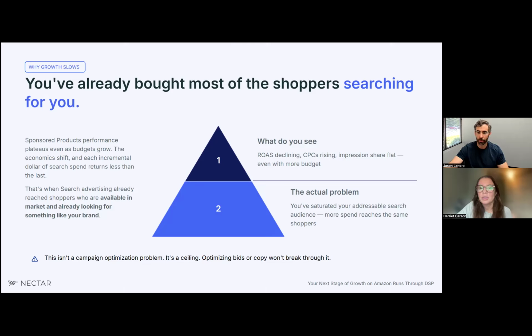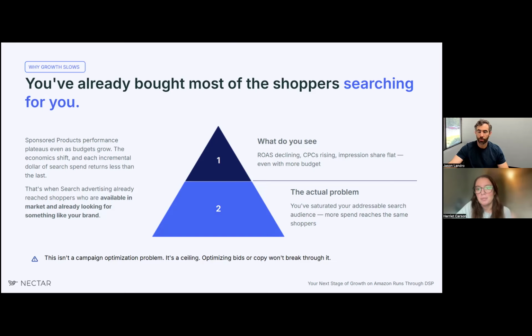However, what you need to think about is that there is a point of diminishing returns. So think about your own shopping behavior. Let's say you're a small kitchen appliance company. By the time you are searching air fryer or even protein powder, whatever category it is, you've already decided you're interested in buying one or a few. Sponsored products competes for the existing demand early on.